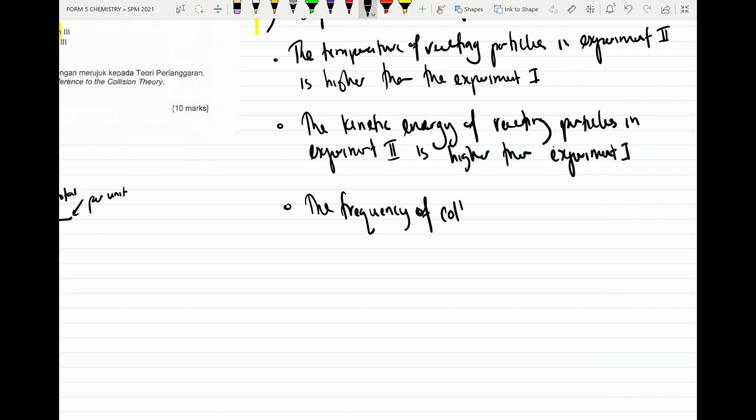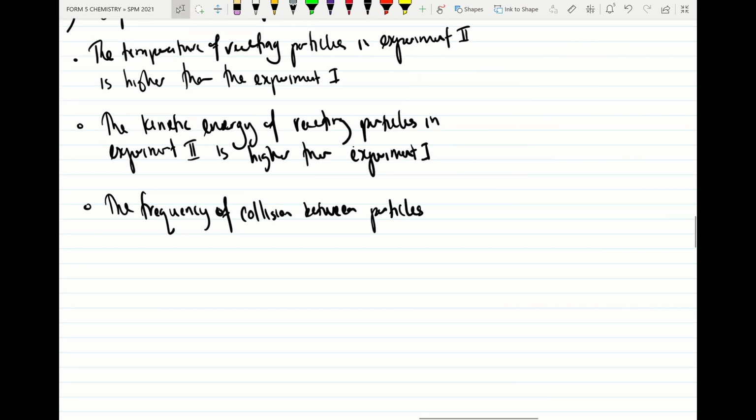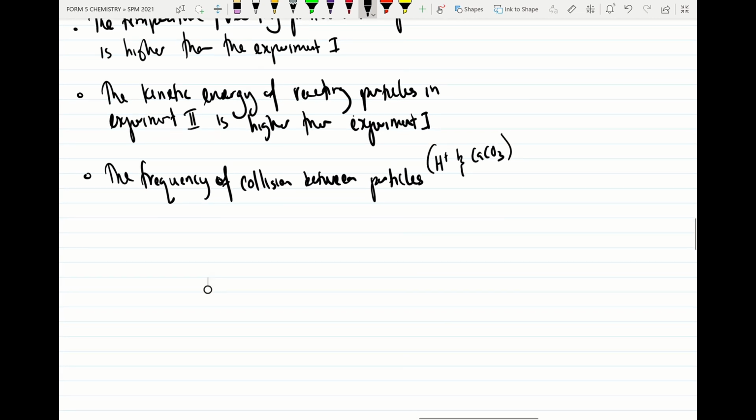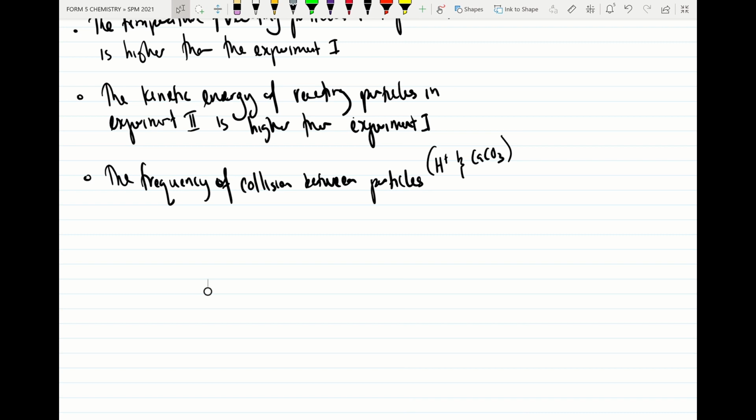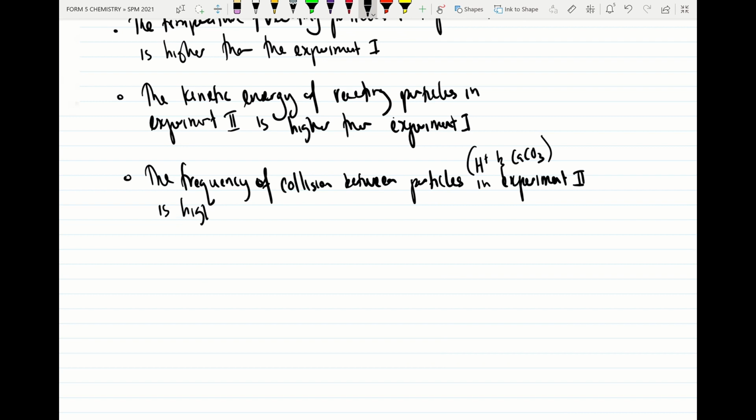Next point, the frequency of collision between particles, or the student can name the particles. The particles will be hydrogen ions and calcium carbonate, or we can put between particles in experiment 2 is higher than in experiment 1.